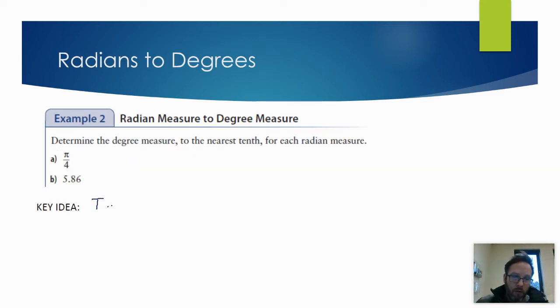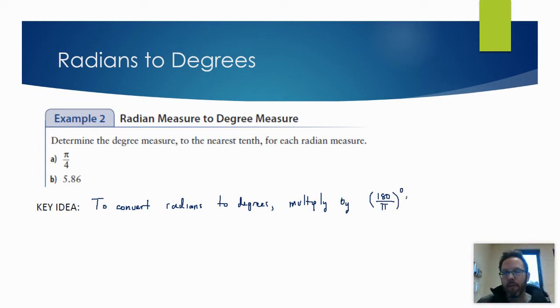So to convert radians to degrees, multiply by 180 over pi. I'll put 180 over pi degrees, because radians are kind of dimensionless, and to get the degrees on there, we multiply by 180 over pi degrees.